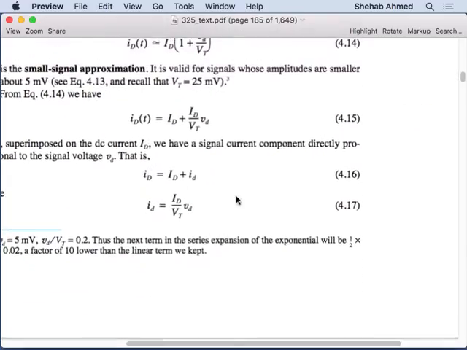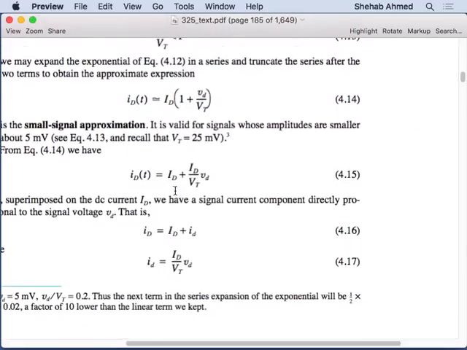The final equation that we came up with was that the total diode current was equal to the DC steady state operating current plus some gain multiplied by the input voltage variation that we have applied to the diode.